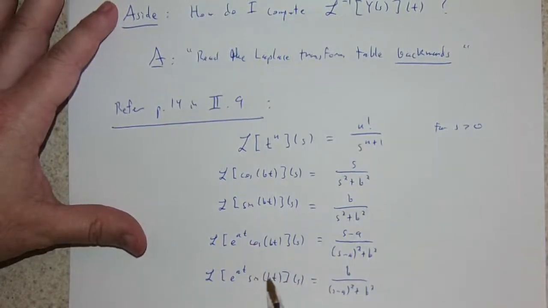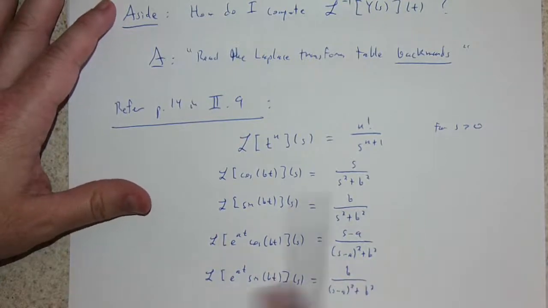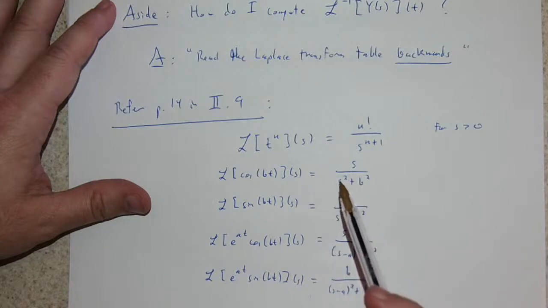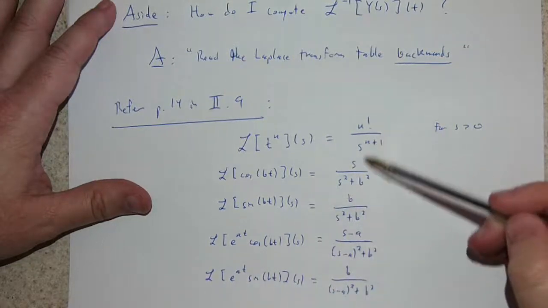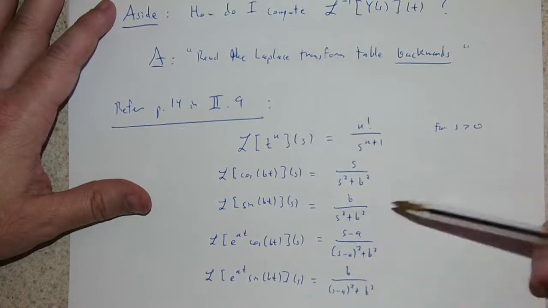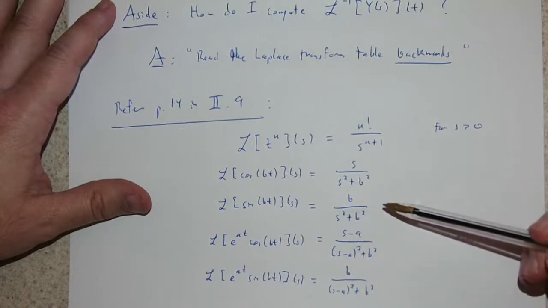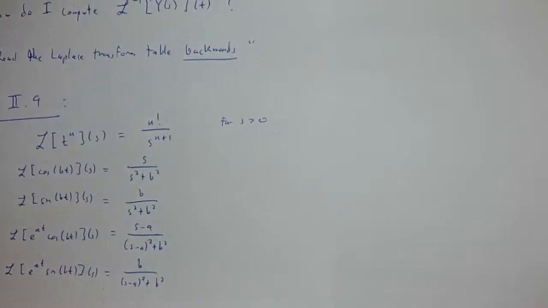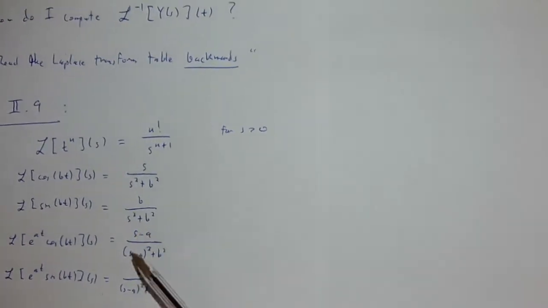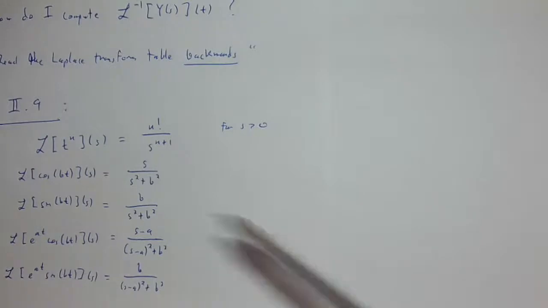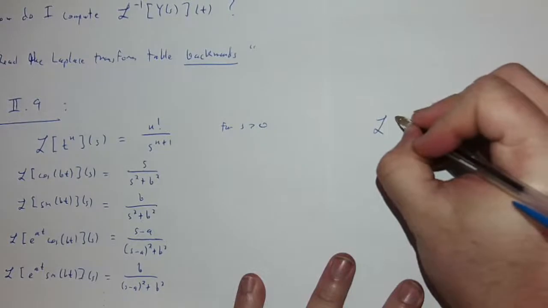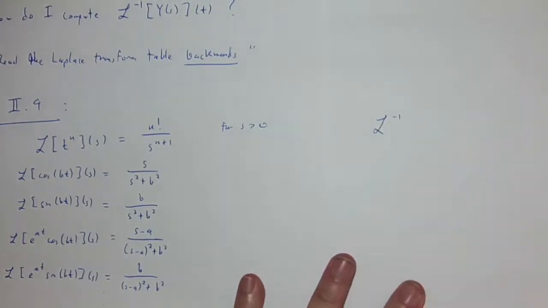A Laplace transform table is nice because I can read it forwards and backwards. To read it backwards, to compute the inverse Laplace transform, I simply take the thing on the right as the thing I'm taking the inverse Laplace transform of. Here, let's do it like this. I'll write it on this piece of paper. So here's my Laplace transform table. How do I read this table backwards? Well, I think of making an inverse Laplace transform table from this.